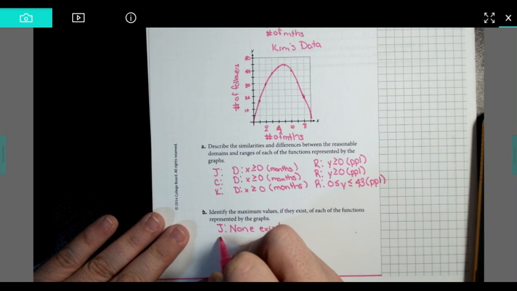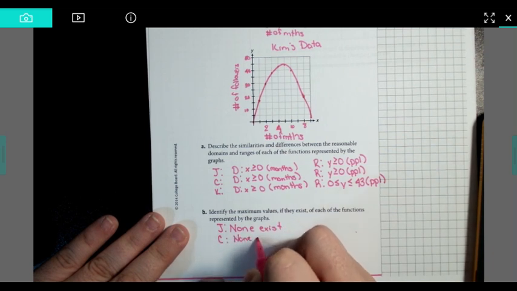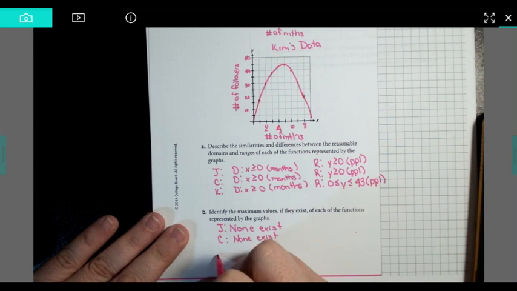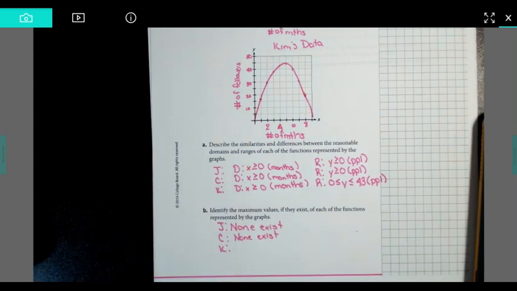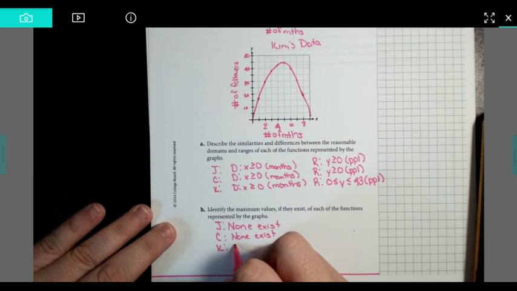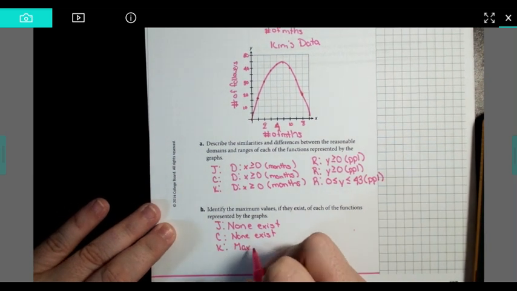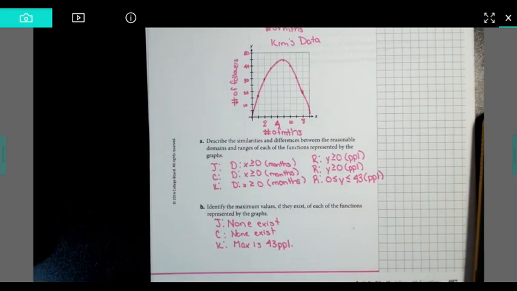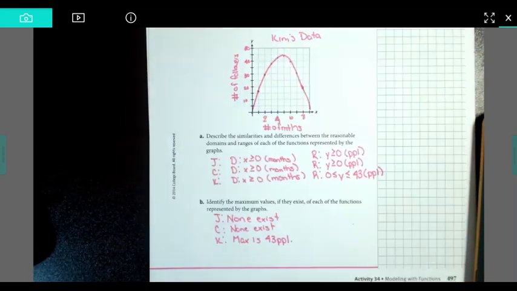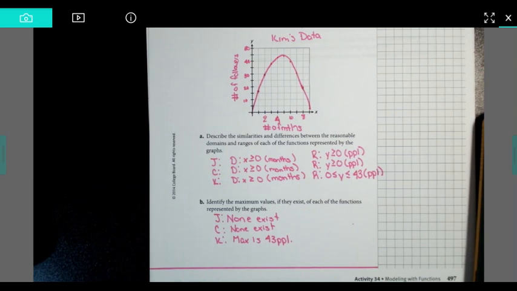The same for Cheyenne. None exist. However, with Kim, we do have a max. Her max value is 43 people. That's that point where it did that little curve for us.